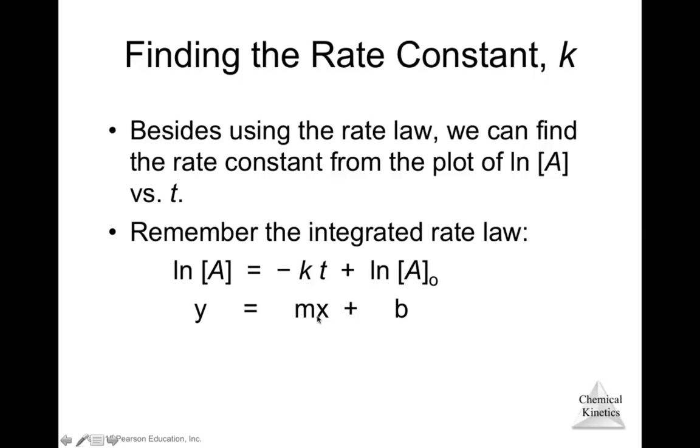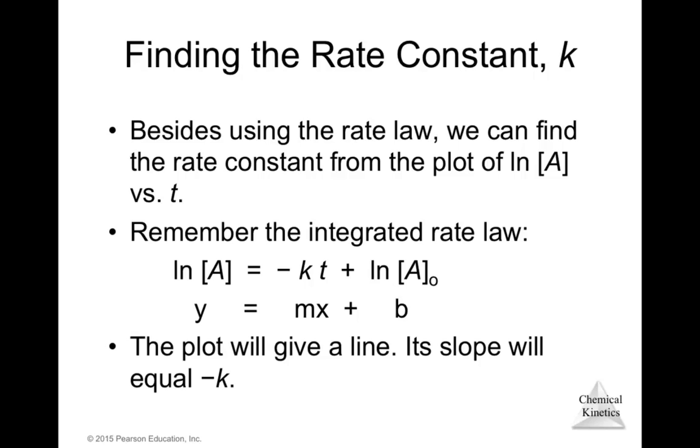So the slope of this line is going to be equal to minus the rate constant. So we can obtain the rate constant directly from the graph by measuring the slope. The x-axis will be time, and the intercept will be the natural logarithm of the initial concentration of A. So the plot will give a line and its slope will be equal to minus k.